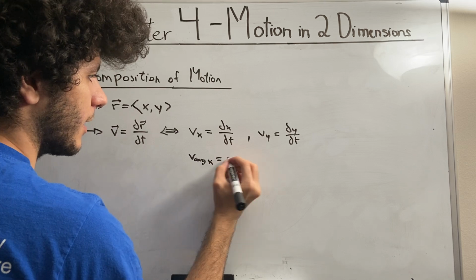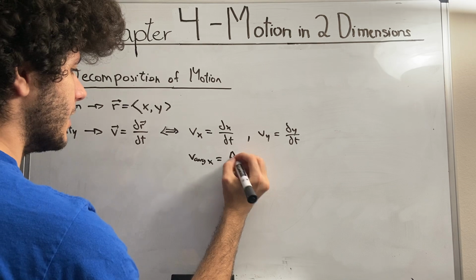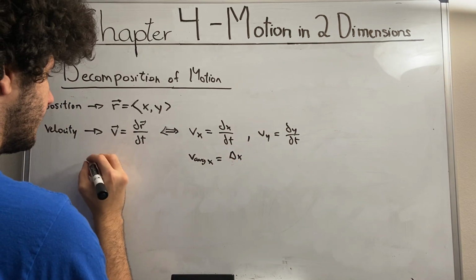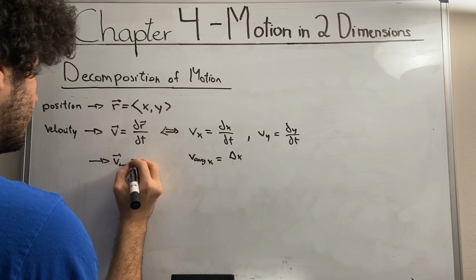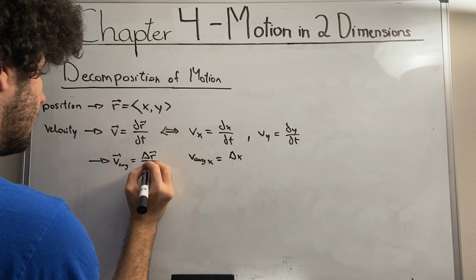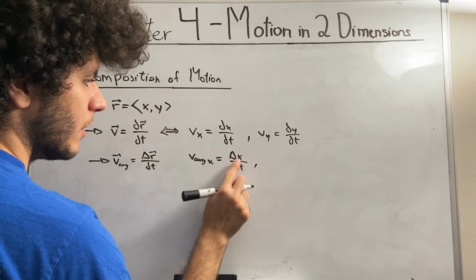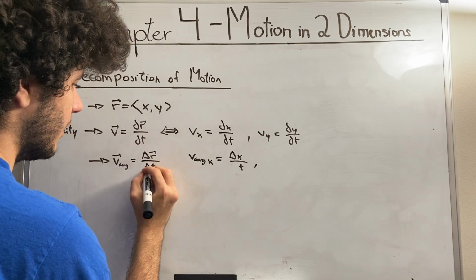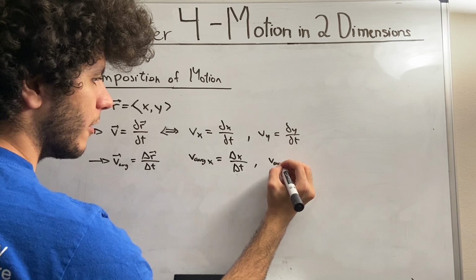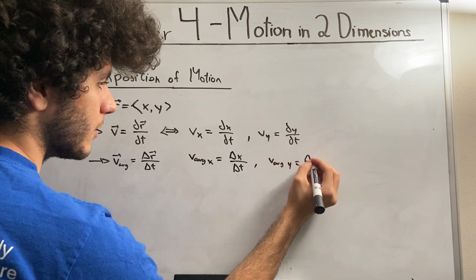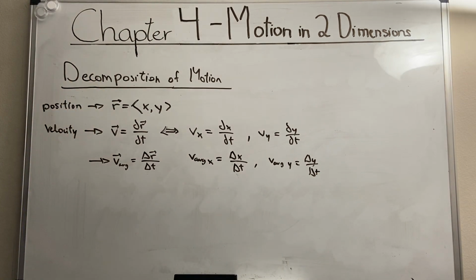Average velocity in x is actually delta x over delta t. Average velocity is equal to delta r over delta t. V average of y is equal to delta y over delta t, right? And the same goes for acceleration.